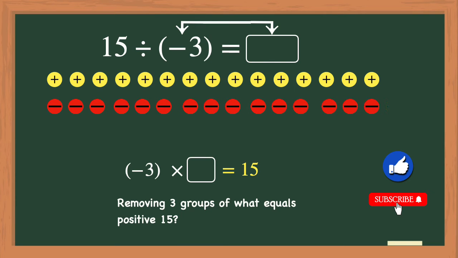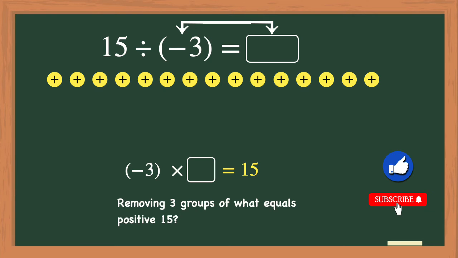Remember that a positive counter paired with a negative counter gives you a 0 pair. Now we will identify our 5 groups of 3 and then remove them off the screen. And once they are gone, you can see we have 15 positive counters left. So now we know that negative 3 times negative 5 is positive 15.